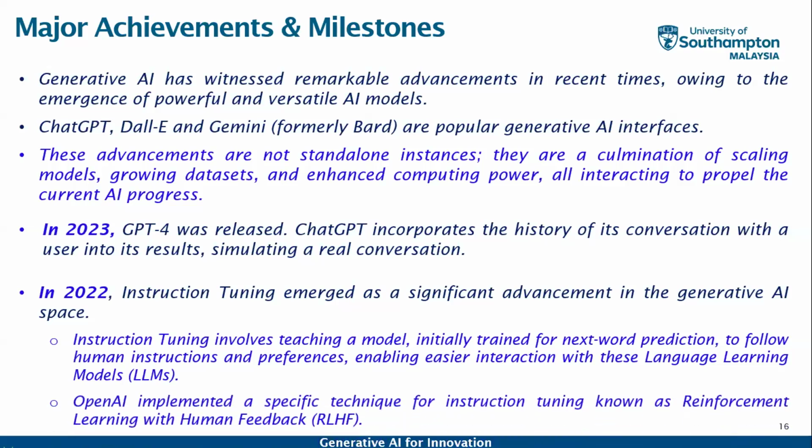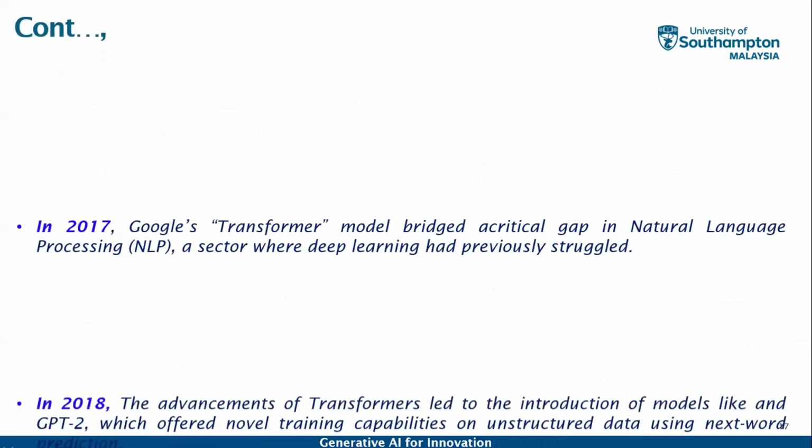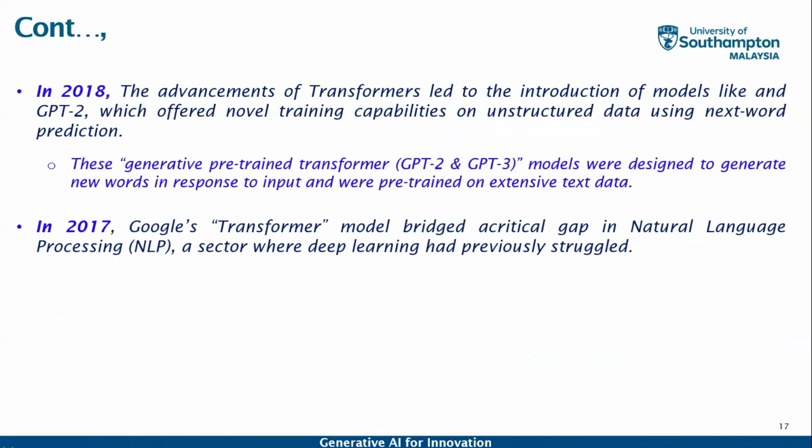As I told you, all of this is reinforcement learning with human feedback, right? This is the main instruction. Coming to 2018, the advancements of the transformer, as I told you. Models like GPT-2 initially used only the transformer, just self-attention. These pre-trained transformer models were designed to generate new words.